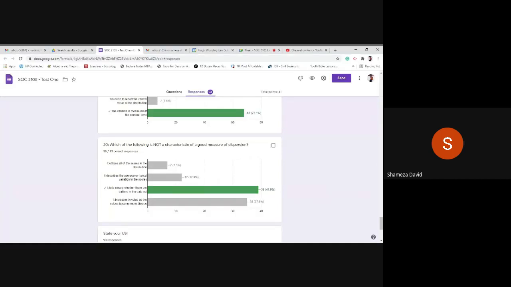As the spread of the data increases, the value of your standard deviation increases. A bigger standard deviation tells you that the data is more dispersed as opposed to a distribution with a smaller standard deviation. That's a good characteristic, because that is really what you want your measure of dispersion to tell you.